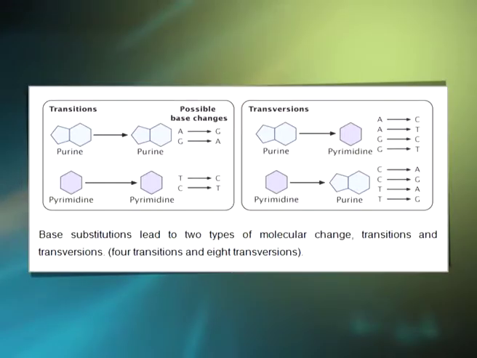In transitional substitution, one kind of purine is replaced by another kind, that is, A is replaced by G or vice versa. But in a transversional substitution, a purine base is replaced by a pyrimidine base or vice versa. Thus, in transitional substitution, the purine pyrimidine orientation is preserved, but in transversional substitution, it is reversed.